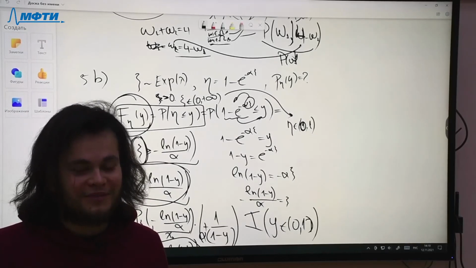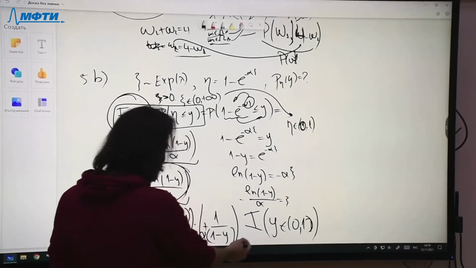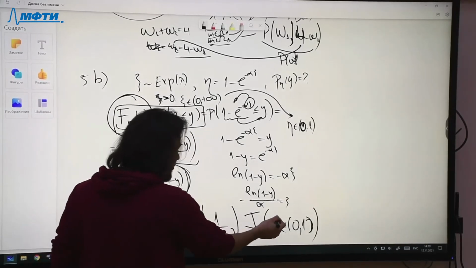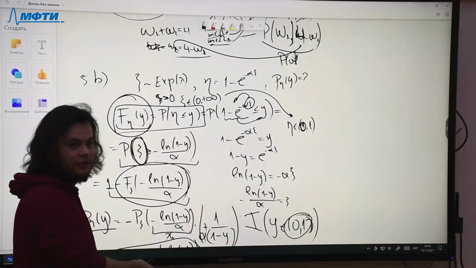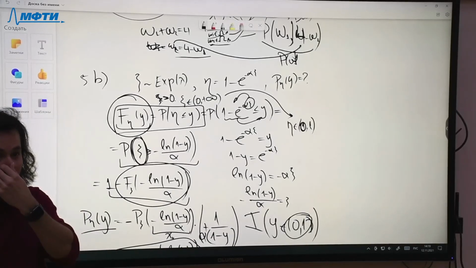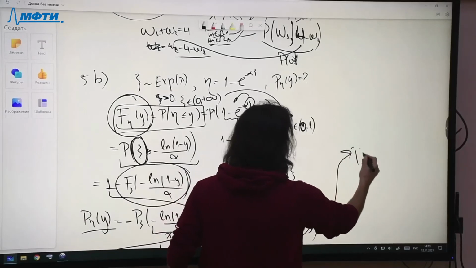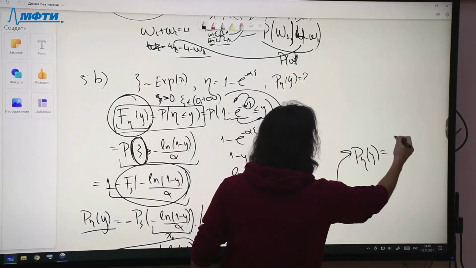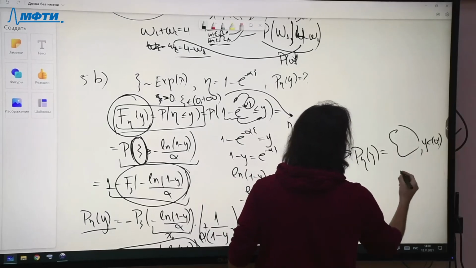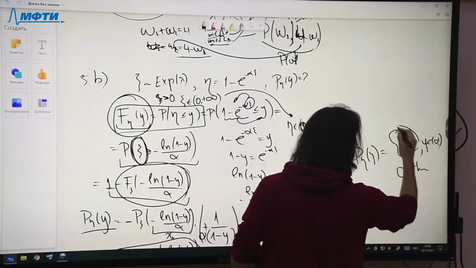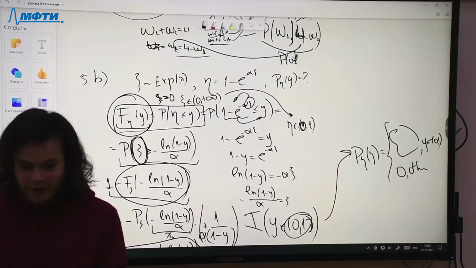Because if y doesn't belong to this, the density is 0. Yeah, I can write this, or I can write all of this again for y between 0 and 1, or 0 otherwise, right? It's exactly the same. So if you want, you can write it like this. You don't want to get confused.